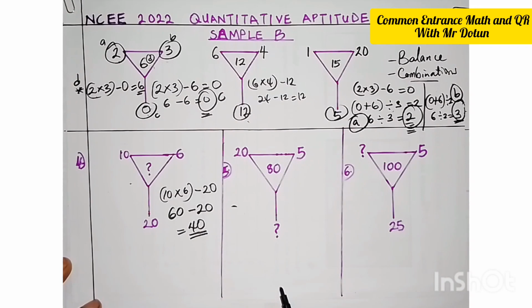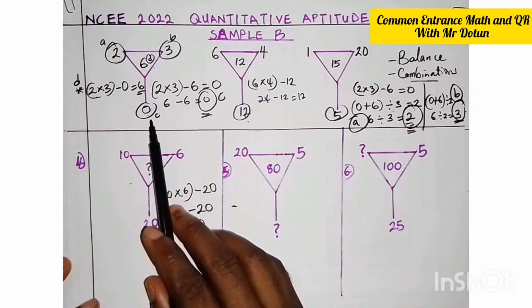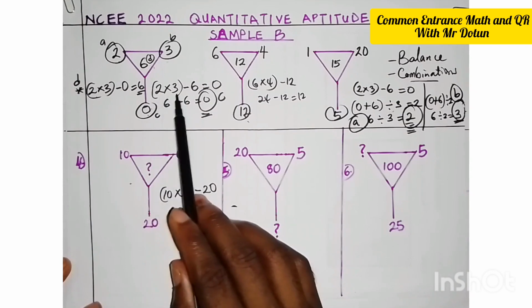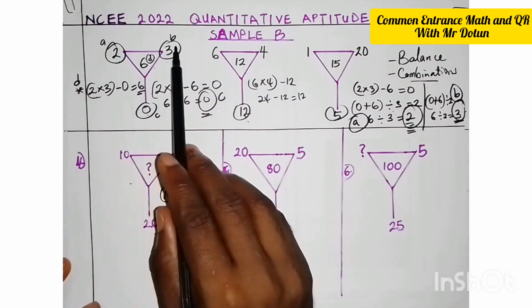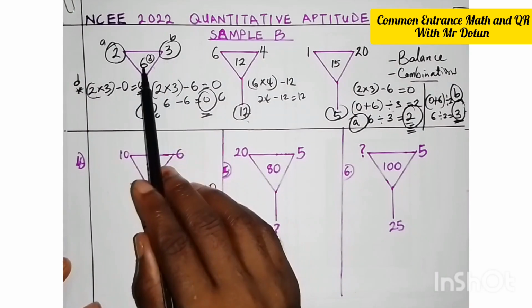Alright. Question number 5. Which one is missing? C here now. C is missing. So how did we analyze our C? Okay, C we say 2 times 3 minus 6. So this times this minus the one inside, right? 2 times 3 minus 6.